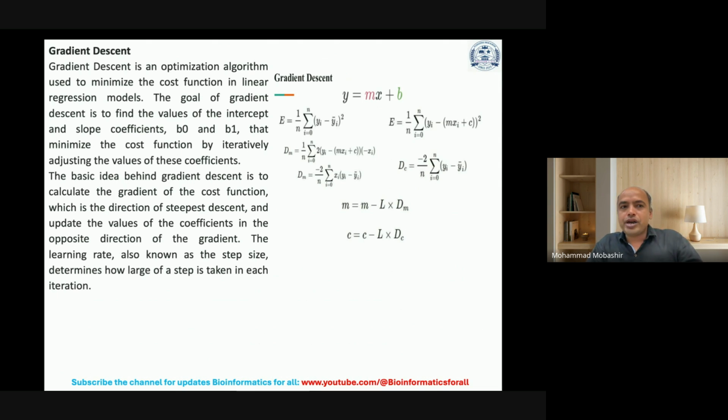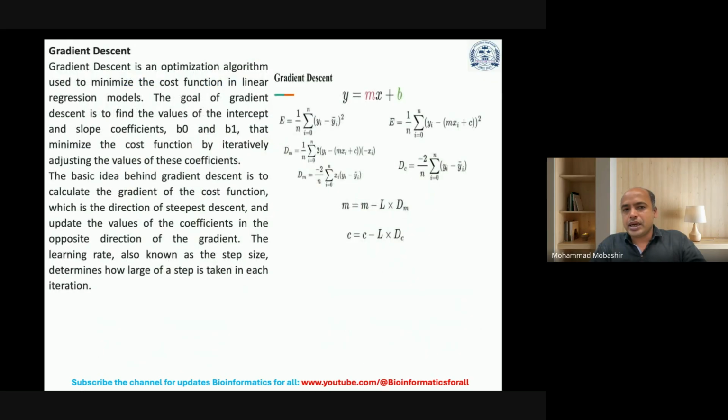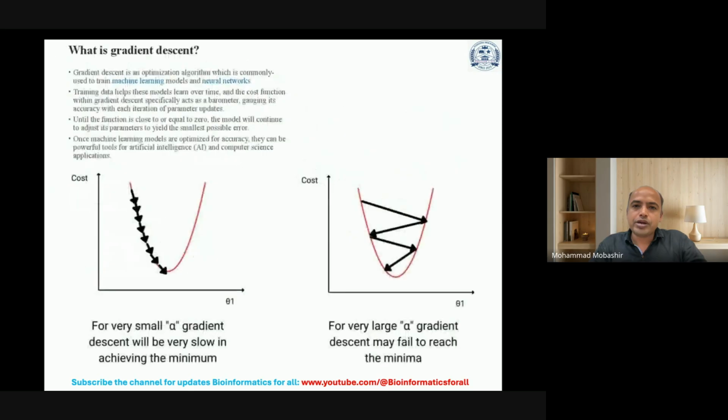The goal of gradient descent is to find the values of the intercept and the slope coefficients that minimize the cost function by iteratively adjusting the values of these coefficients. The basic idea you are aware of, because the detailed videos are present on my YouTube channel, so you can find them.